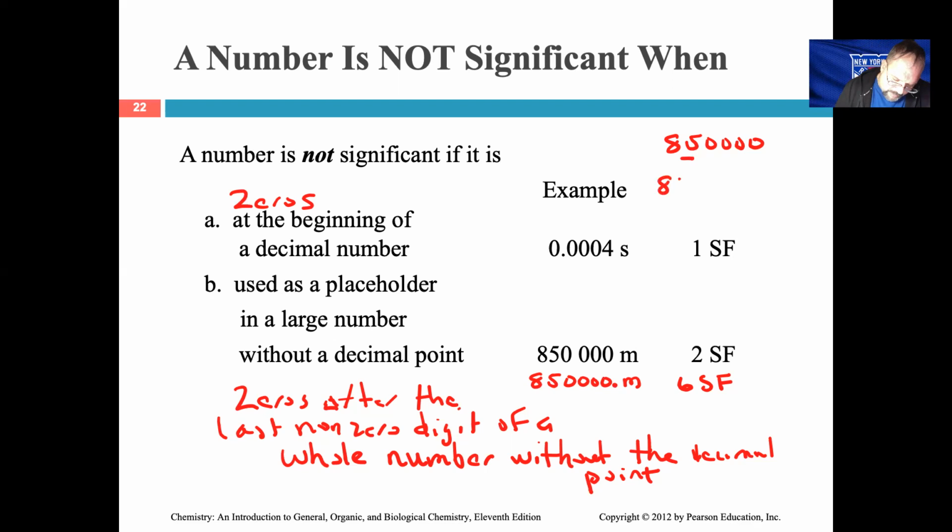But when the decimal point is there, now we're estimating in the ones place. So is it 850,000? Or is it 850,001? Or is it actually 849,999? So whether the decimal point is there or not, as written in the measured number, is important because it tells you where the estimation was made.